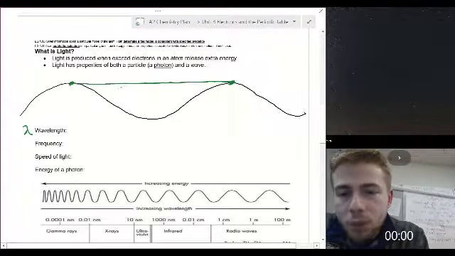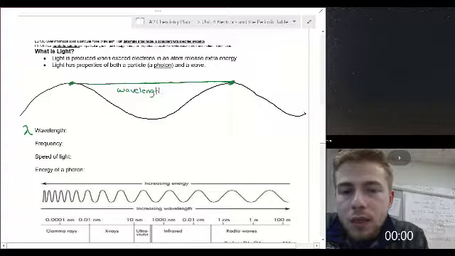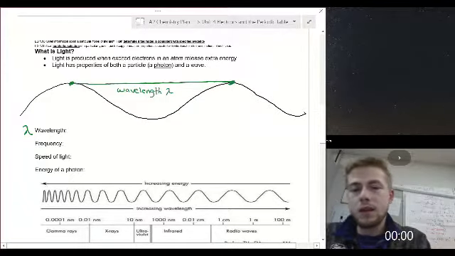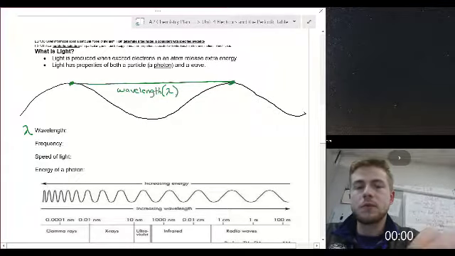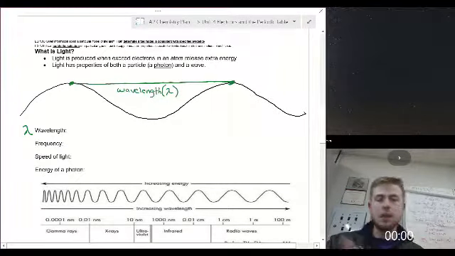So I'll label that wavelength. Okay, wavelength, and that's the lambda symbol. So if you see that upside down Y, it means wavelength.